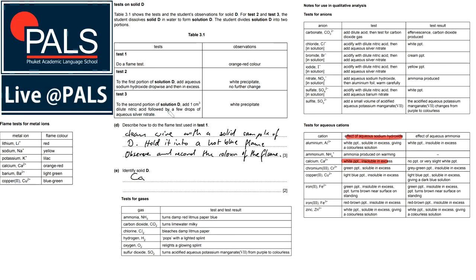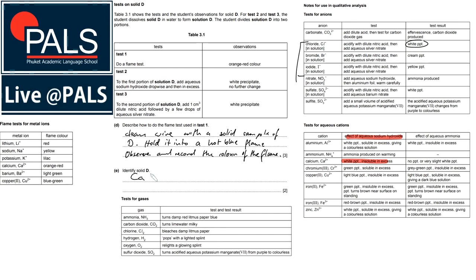And to the second portion of solution D, 1 centimeter cube of dilute nitric acid followed by a few drops of aqueous silver nitrate are added. We get a white precipitate, so that brings us back to our group 7 halide ions, and white precipitate means we're dealing with chloride.